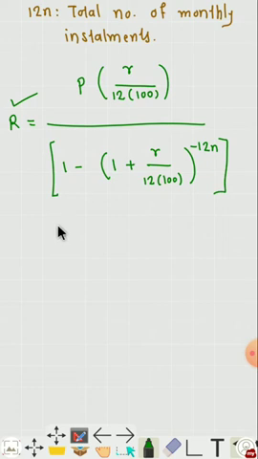Hence the balance amount left for clearing the remaining debt is reducing recursively as the months pass by. Hence, this method is called the interest on reducing balance method.